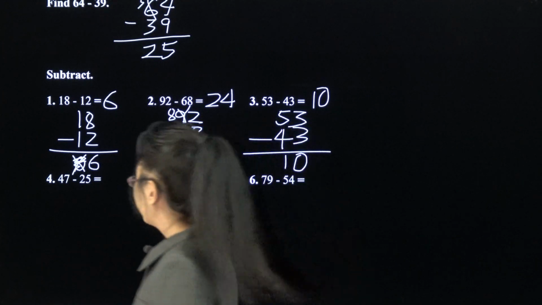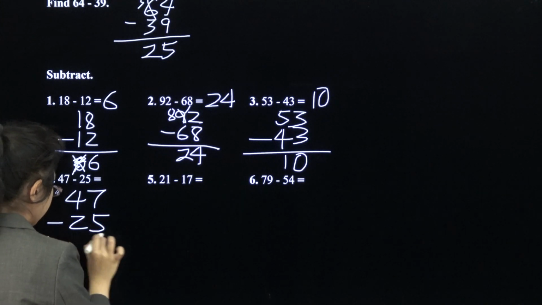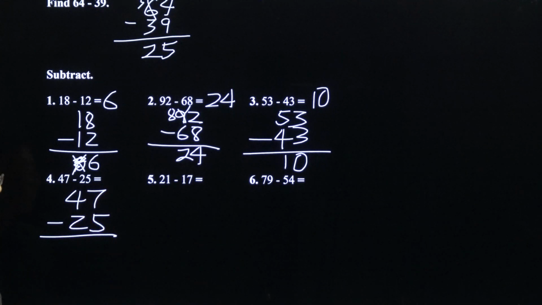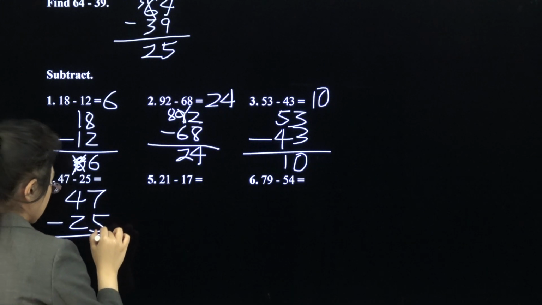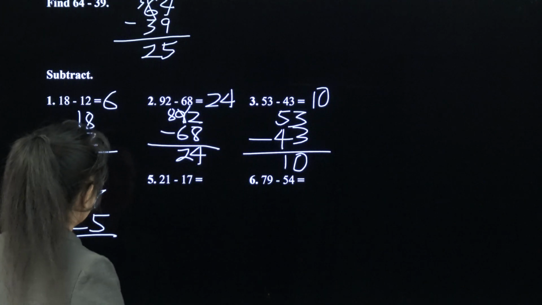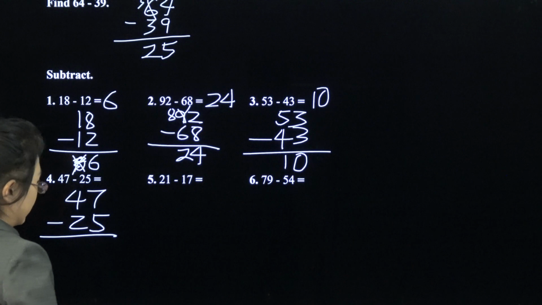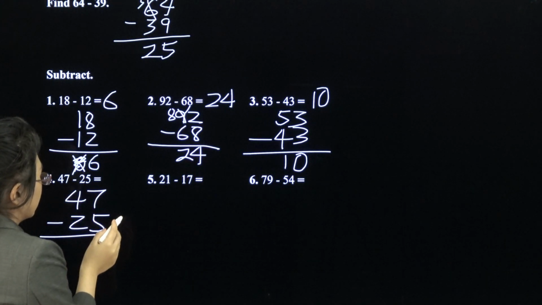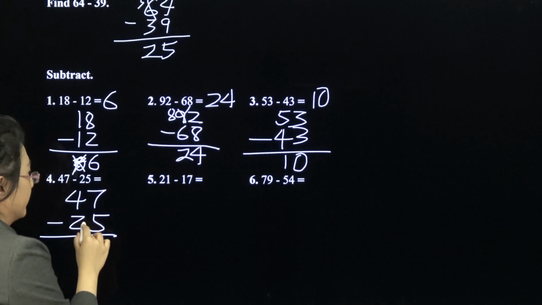47 minus 25. You line them up. You start from the right, and you get 7 minus 5. Do we need to regroup for that? No. Now, if you haven't realized this by now, you only need to regroup when the number on the top, or the original number, is smaller than the number on the bottom.